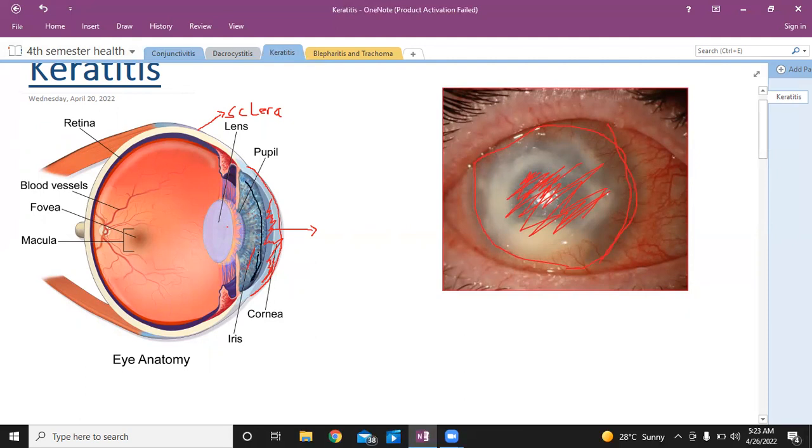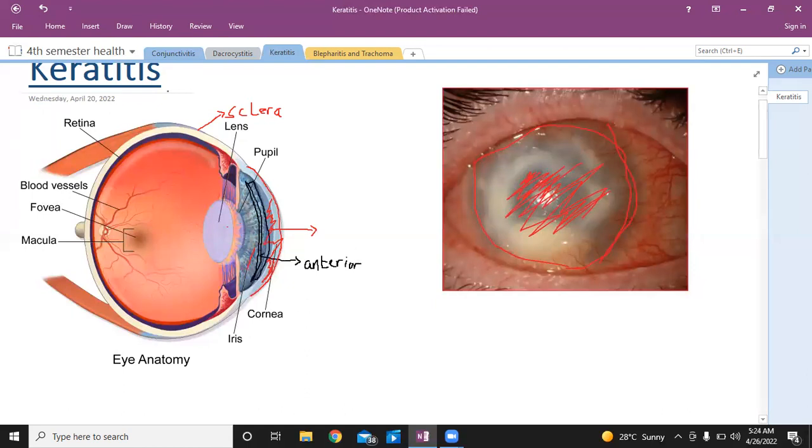This portion might be empty in the eyes, and this empty space is called a chamber. This chamber has an aqueous solution, and it is known as the anterior chamber. So when there is infection of the cornea, and that infection produces pus in the anterior chamber, this is known as hypopion.